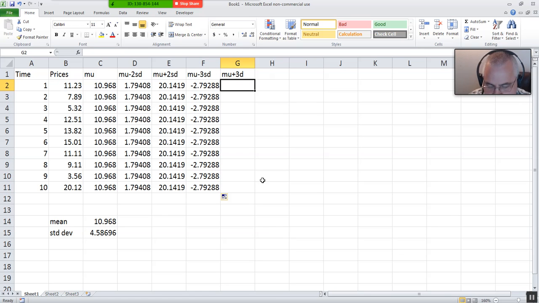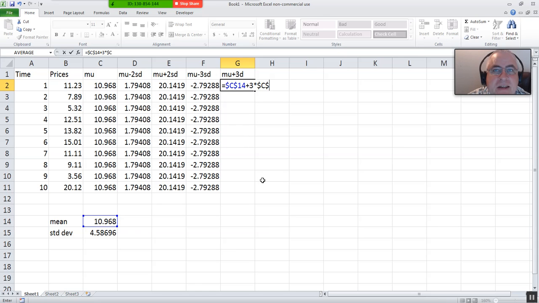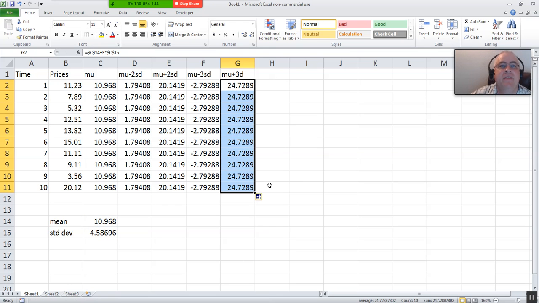And mu plus 3 standard deviations, so that's equals mu, which is C14, plus 3 times $C$15. So that's our mu plus 3 standard deviations, and then press enter. And fill that down.